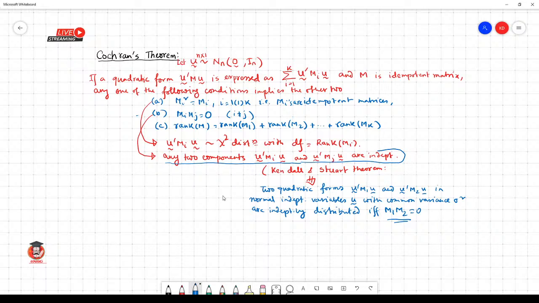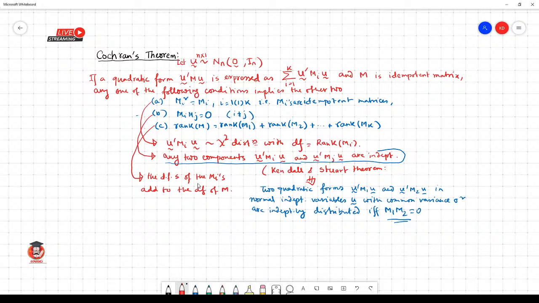So condition 2 implies they are independent, and condition 1 implies u prime M_i u follows chi-square with degrees of freedom rank of M_i, and condition C implies the degrees of freedom of the M_i's add to the degrees of freedom of M.